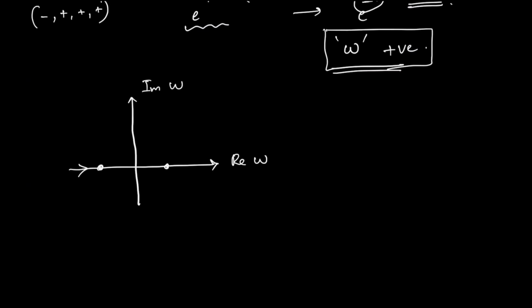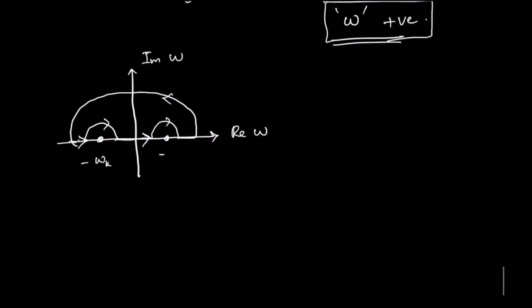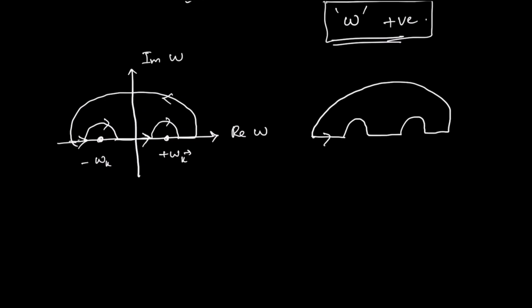The contour starts from here, comes here, goes like this, and then gets closed like this. Here minus omega k and plus omega k. When you go above the singularity, there is no singularity in the contour. You can see the singularity is avoided, right? You avoid the singularity, avoid the next singularity, and close the contour in the upper half of the plane itself.